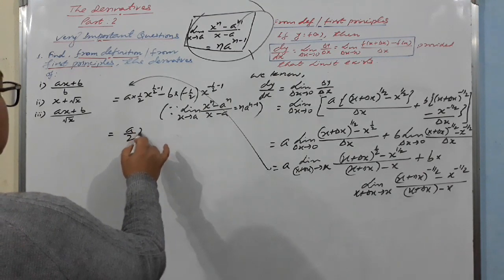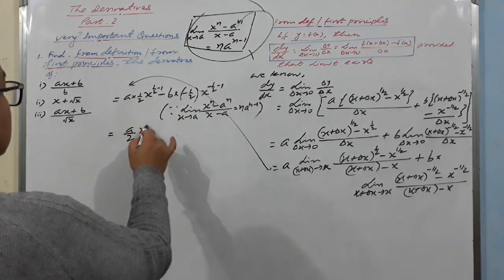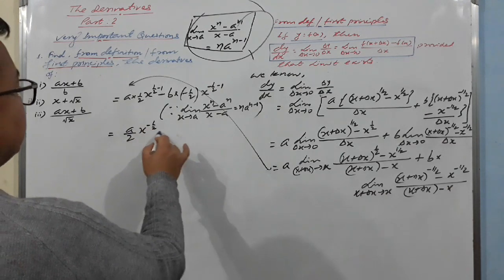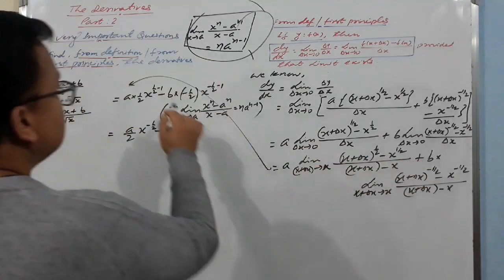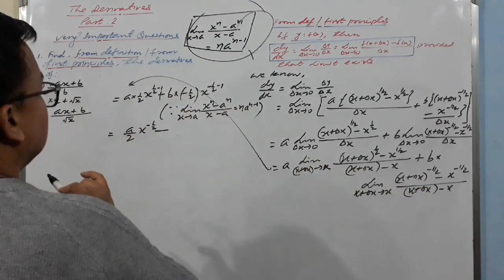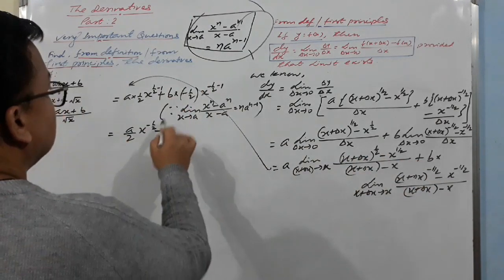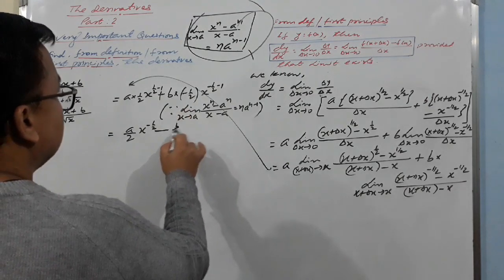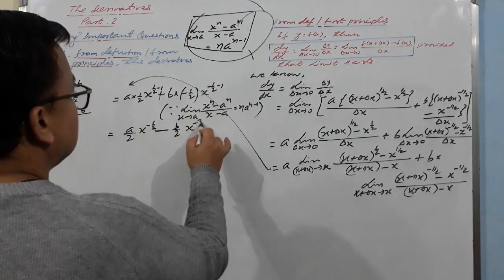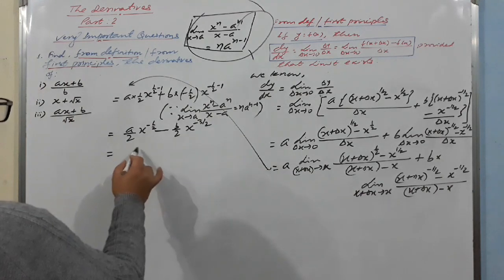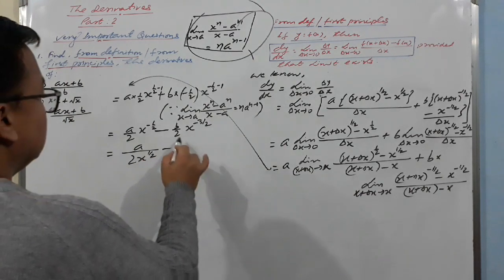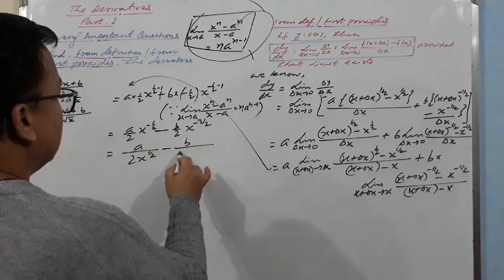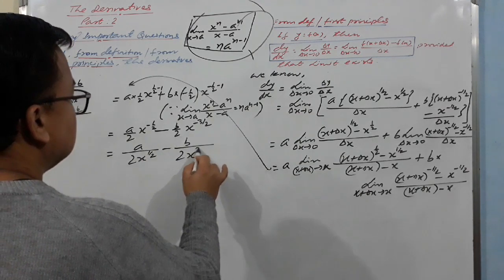a by 2 x to the power minus 1 by 2, here actually I wrote plus by mistake, now it will be negative: b upon 2 x to the power minus 3 by 2. Let's make the power positive. a upon 2 x to the power 1 by 2 minus b over 2 times x to the power 3 by 2.